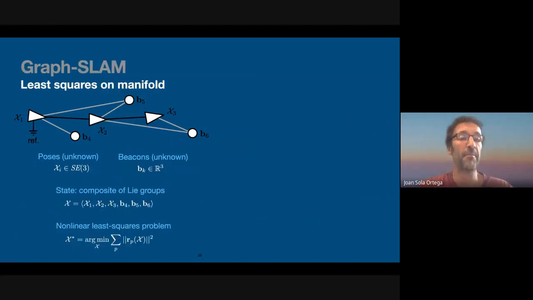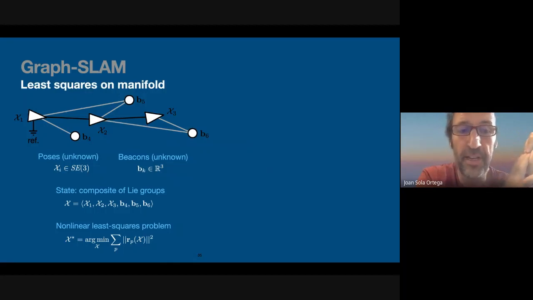Okay. Second example, let's do SLAM now. Let's also estimate the positions of the beacons, but let's use a least squares method on the manifold in what is called graph SLAM. Okay, so the poses of the robot again are in SE3, position and orientation in 3D space, and the beacons are points in 3D, which are unknown.